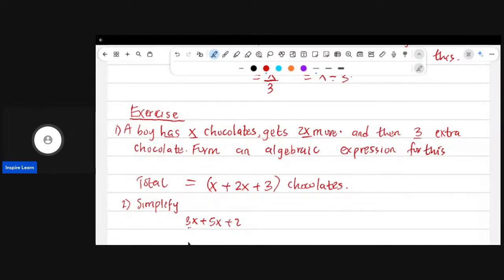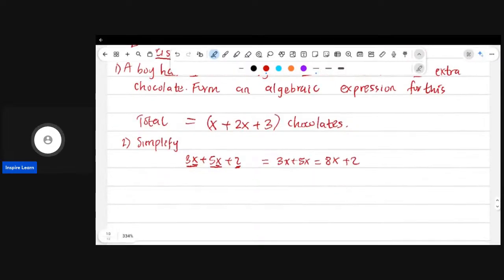For example, here we have 3x and 5x, and you also have the constant 2. In this one we usually call them like terms. That is because this is x and this one is x. So it is possible for us to add 3x plus 5x to get 8x. But we also have 2 there. So that is going to be our final answer.